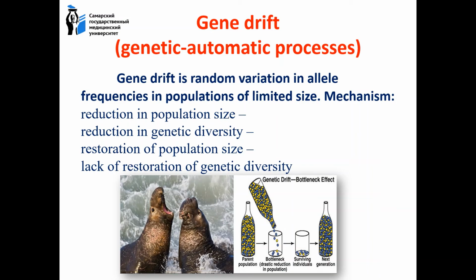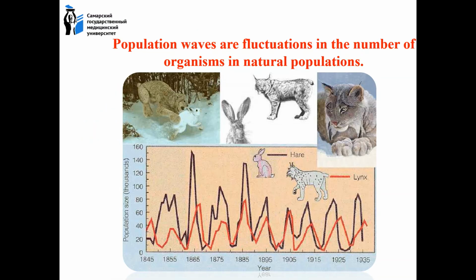The next factor changing the population genetic pool is population waves. Population waves are fluctuations in the number of organisms in natural populations. For example, when the number of predators falls, the number of its victims, certain animal species, increases.